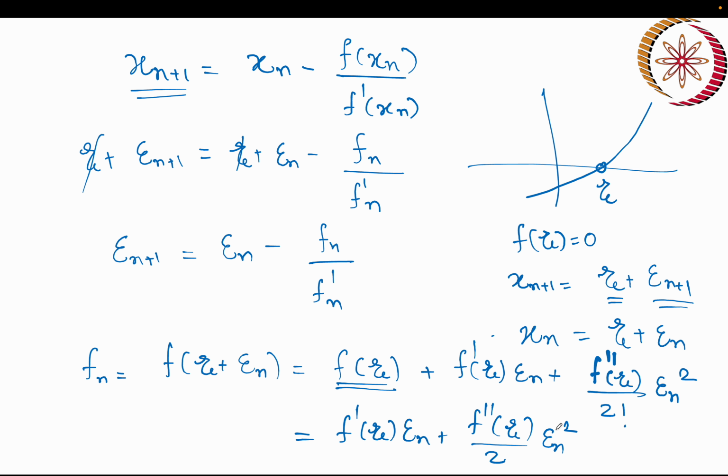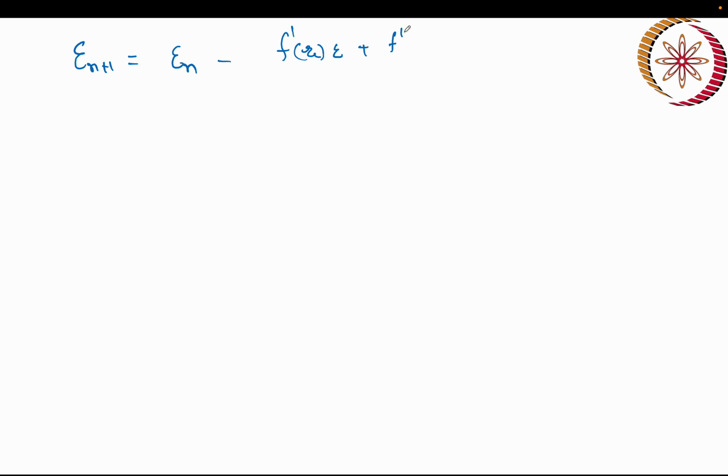So epsilon n+1 is equal to epsilon n minus f_n by f dash n, where f_n is f dash of xi epsilon n plus f double dash xi by 2 epsilon n square.